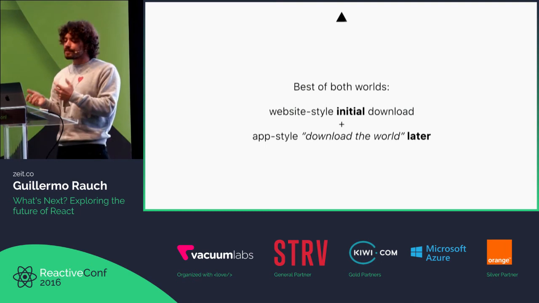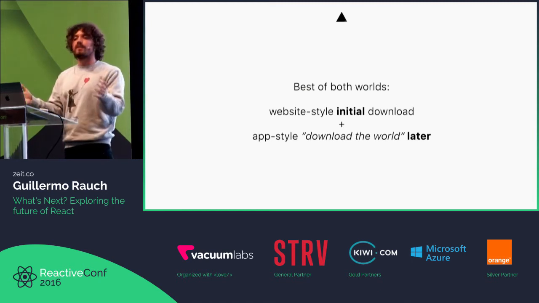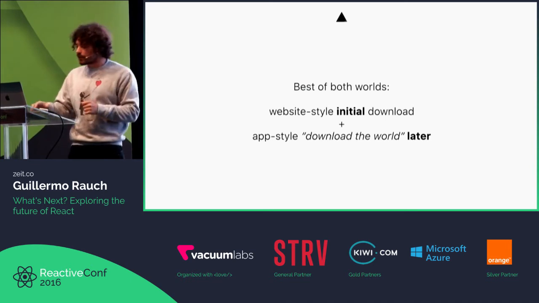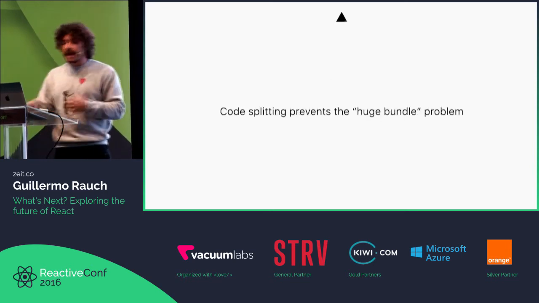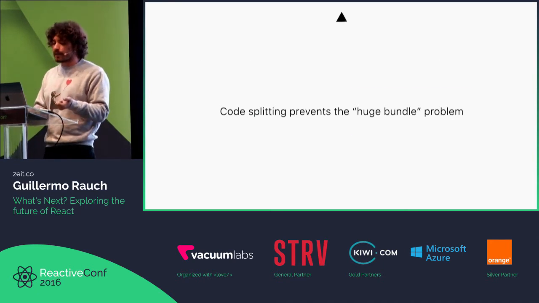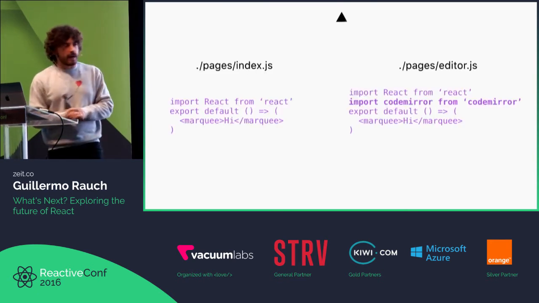And this is really interesting because it's better than an app because you're only downloading the subset of the world that the user could be interested in by analyzing that tree of components. And code splitting is what prevents that very big initial penalty that a lot of applications incur.